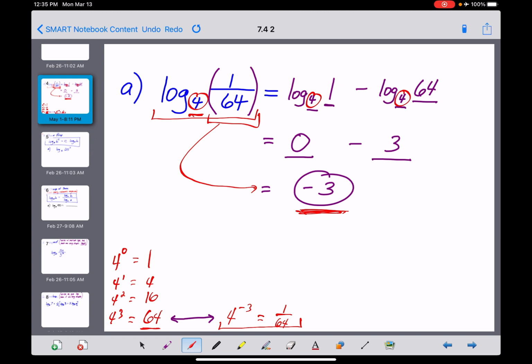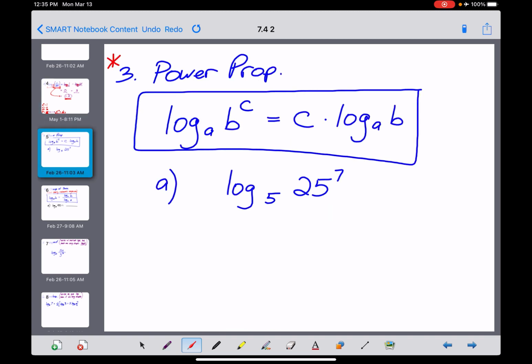Okay, the third property we're going to talk about today is a really, really important one, so I put a little star by this. This is the one that really matters for what we're going to do next in section 7.5. This is the power property for logarithms, and here's what it says.